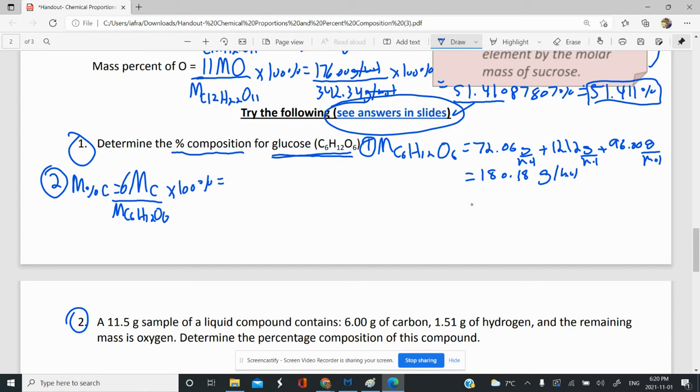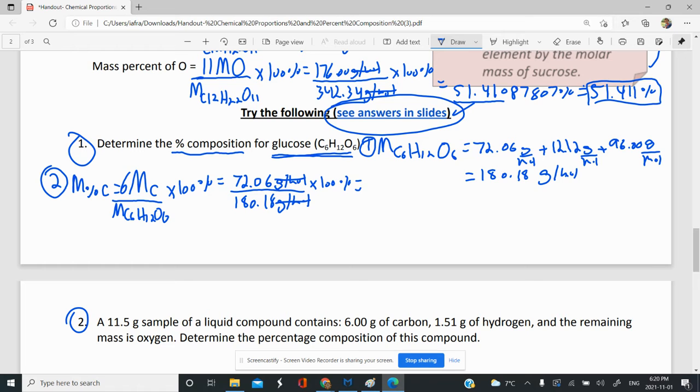And so that'll be 72.06 grams per mole divided by the 180.18 grams per mole. Cancel those out, times 100%.